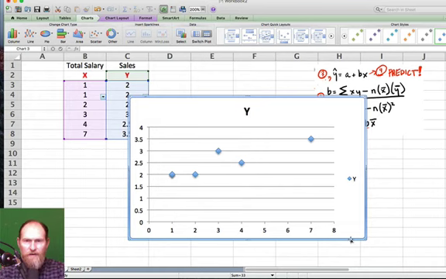If you remember your statistics days, we could compute R, the correlation coefficient, which tells us the strength of the relationship between these two, to what degree they're correlated. I'm not going to have you do that, but that's another formula, and we could do that here in Excel. The main thing to see is that we have an upward trend. As salary increases, so does sales within a particular area.